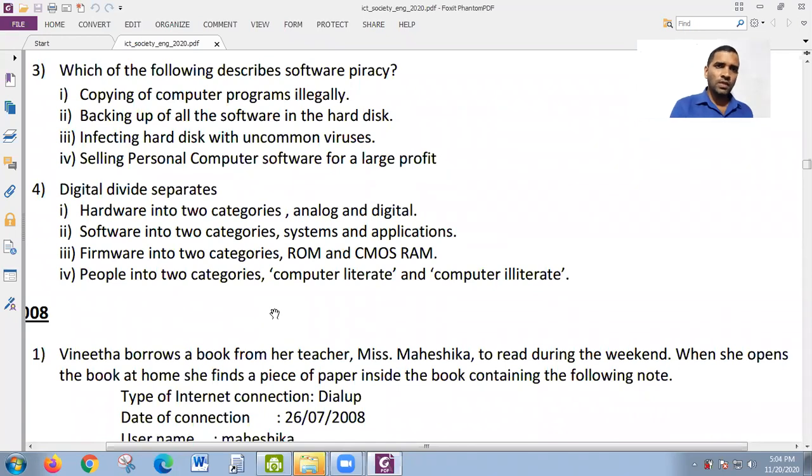You must mention that it is a gap between the people who have access to modern ICT and those who don't, which includes having those ICT devices and also having the skill or ability to use them. Both must be there. I hope you understood. So here the answer is fourth.